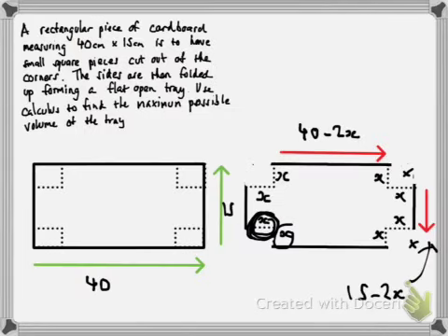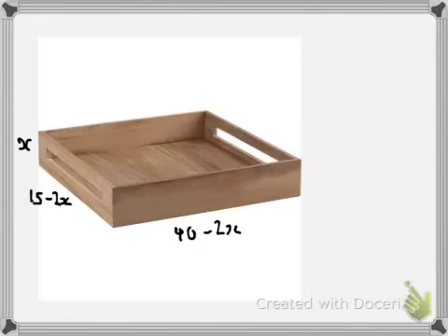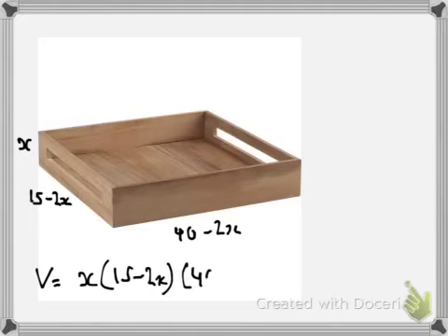Okay, so just take that back to the diagram. You can see when the sides are folded up to form the box, that's what we'll get. So the volume of this box is going to be x times (15 minus 2x) times (40 minus 2x).